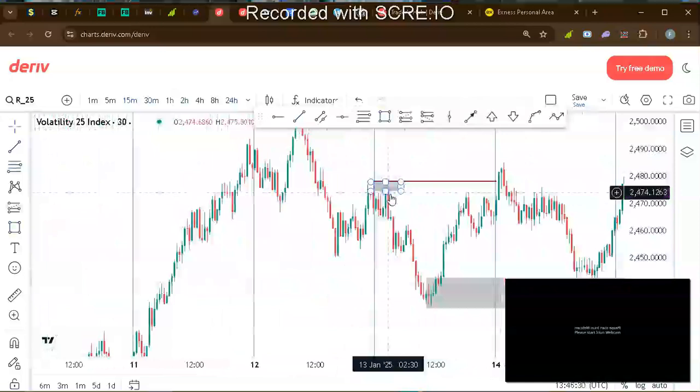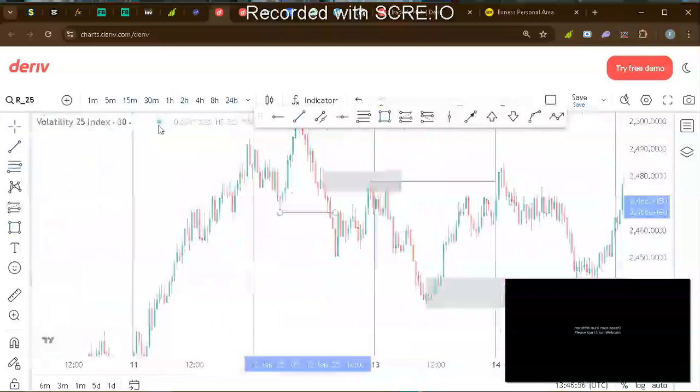So you can see this level right now. We have a break of market structure right there. After the break of market structure, you can see in a lower time frame, we also have another break of market structure. Then you will be finding a liquidity, because why?